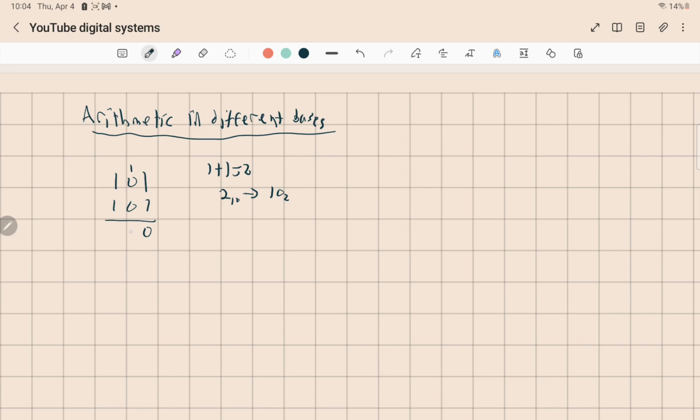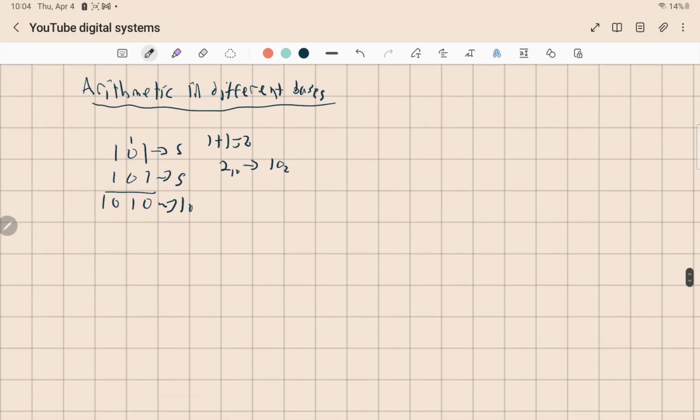So 1 plus 0 plus 0 is 1, then 1 plus 1 is 2 again, so it's 1, 0, 1, 0. And we'll see this number was 5, and it's the same number, so it's 5. This number is 10. This is how you do arithmetic in different bases.